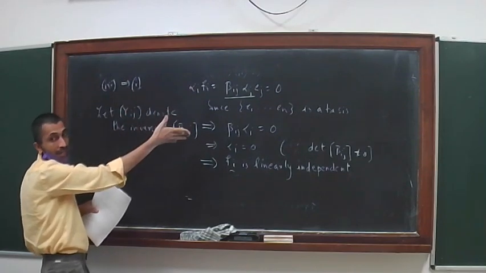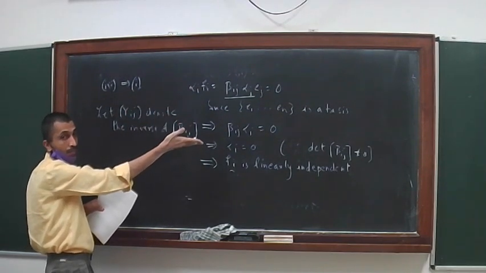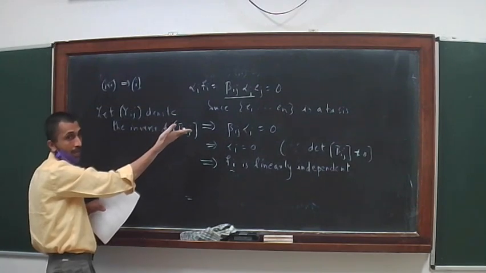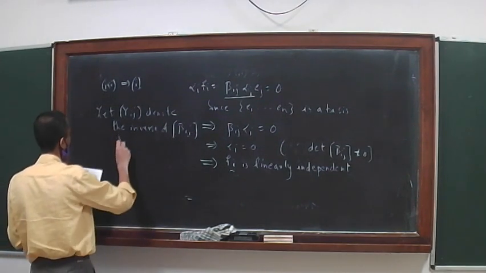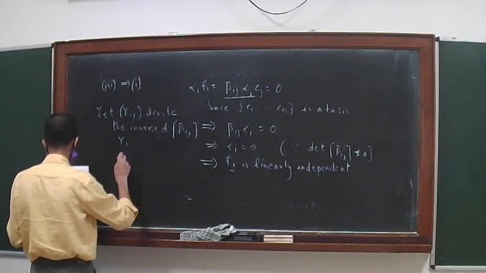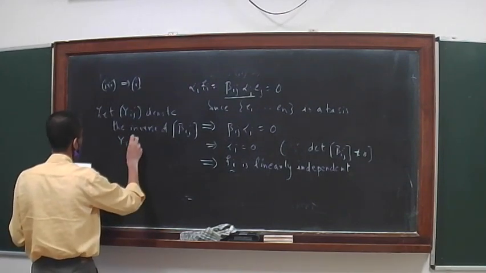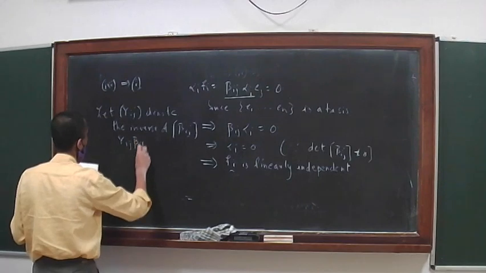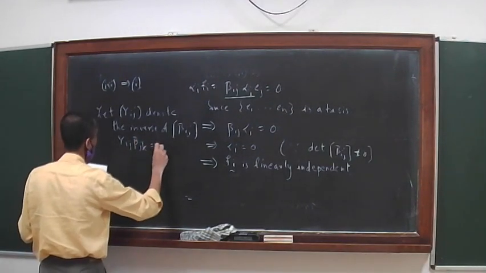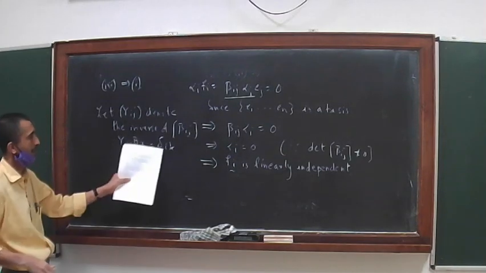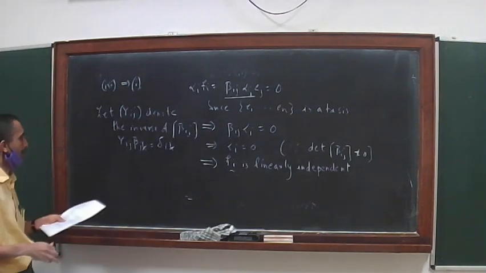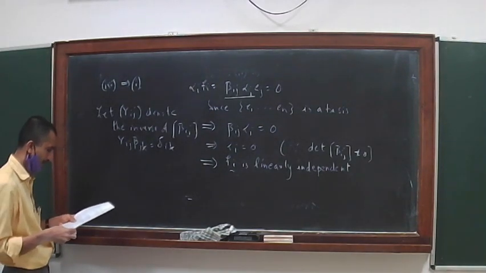Gamma_ij is exactly the inverse of that, and the inverse exists because the determinant is non-zero. So basically you have gamma_ij beta_jk is equal to delta_ik. In our index notation, this is just the identity matrix. So we have this particular relation here.